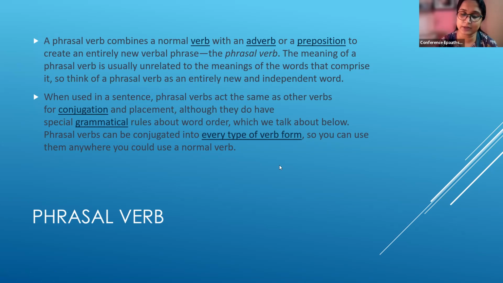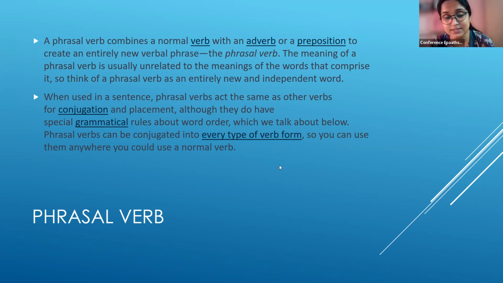If you want to note it down, you can note it down: verb plus adverb or preposition is phrasal verb. The meaning of a phrasal verb is usually unrelated to the meanings of the words that comprise it. Think of a phrasal verb as an entirely new and independent word. So I told you that when these two words come together, they form a totally new meaning, a new word.